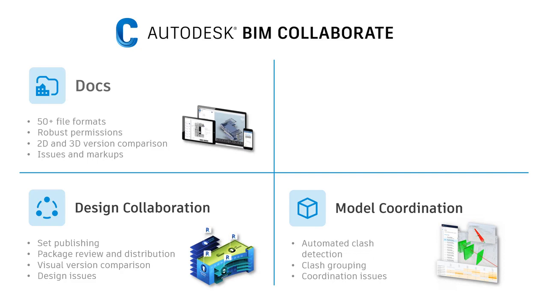These products include these key features for Revit users: Autodesk Docs, the foundation of the Autodesk Construction Cloud platform; the Design Collaboration module, giving customers a high degree of control over how and with whom their project data is shared, as well as the unique ability to see all changes from version to version; and the Model Coordination module, giving customers automated 3D clash detection capabilities and integrated coordination issue management tools.